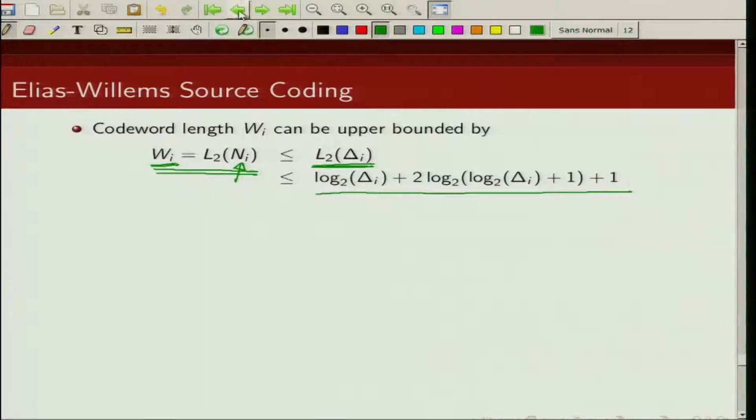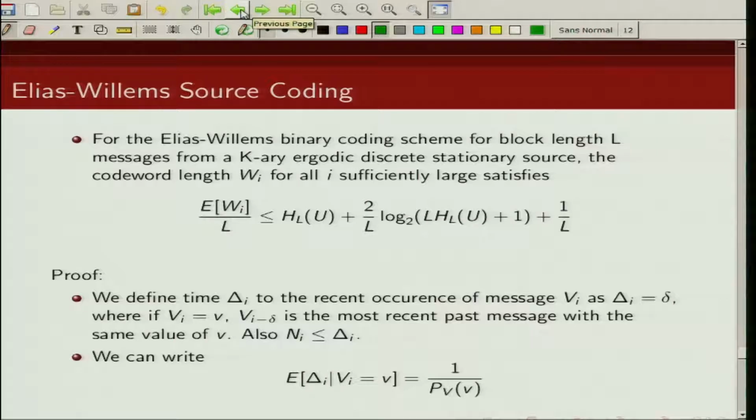Next, there is one thing which I skipped, which is what is the expected value of delta I given Vi is V. So, that is inversely proportional to the probability of occurrence of V. So, that is basically given by this.